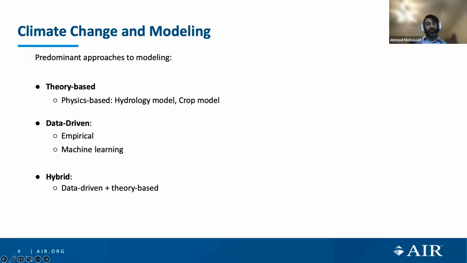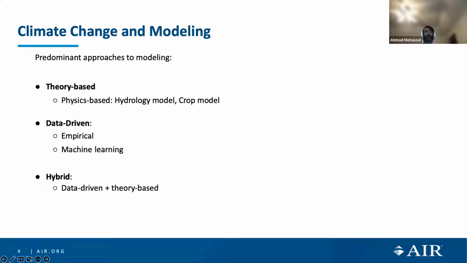You can model, for example, river discharge in an area by some equation. And there are some other models that we call data-driven models, which means that the emphasis is not on the theory behind the data; we focus on how data is going to tell us empirically, or by building a machine learning model.